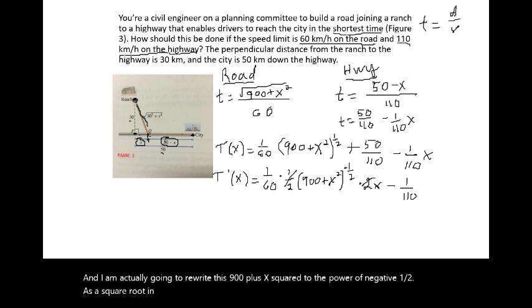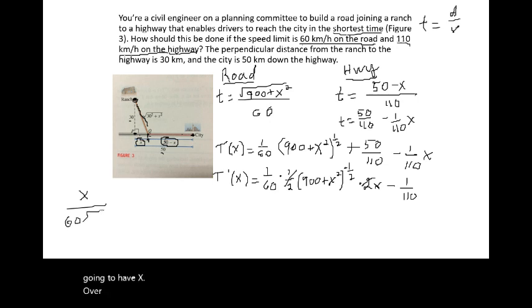So just doing a little bit of rewriting, I'm going to have x over 60 times the square root of 900 plus x squared, then minus 1 over 110 equals 0.